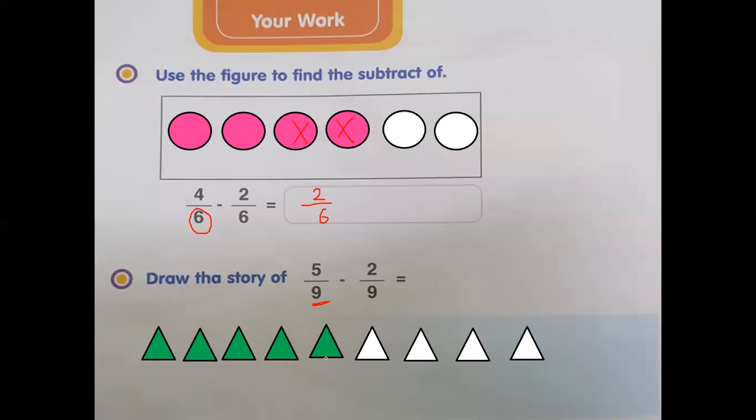So I colored 5 triangles. If I want to take 2 triangles, how many triangles are left? 5 minus 2 equals 3. Excellent. 3 over, what's the denominator? It is 9. Excellent. 3 over 9.